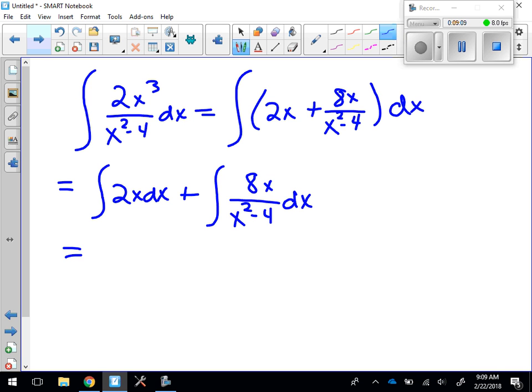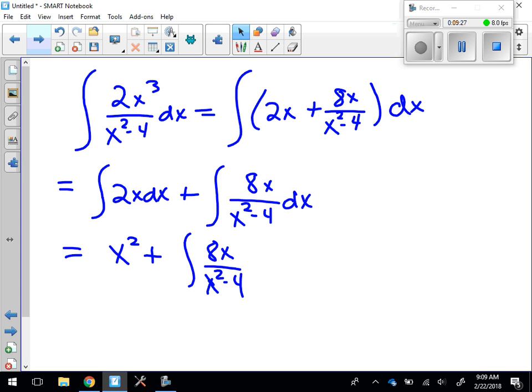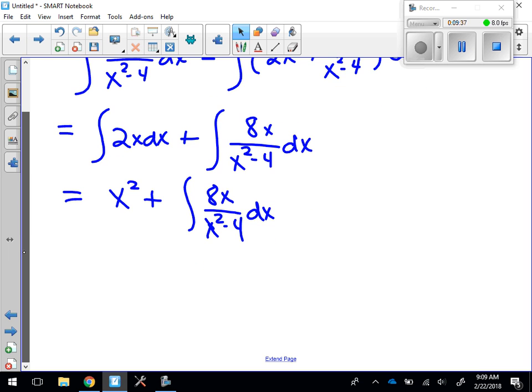Well, and first of all, if you look at the integral of 2x dx, can you solve that by inspection? And what is it? X squared. And then I have this. Now, you ask yourself again, can I integrate that by inspection?